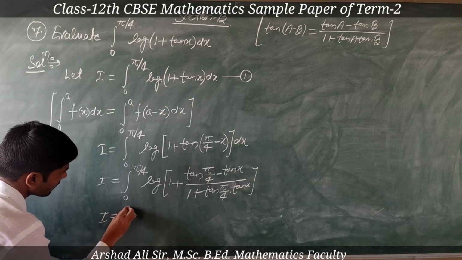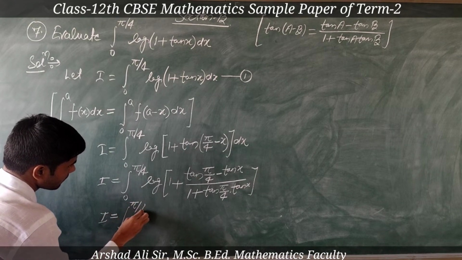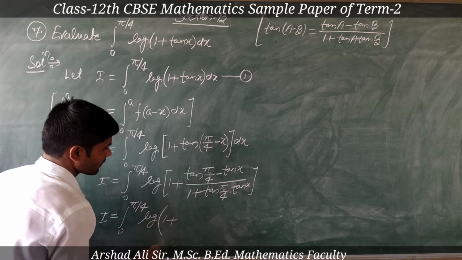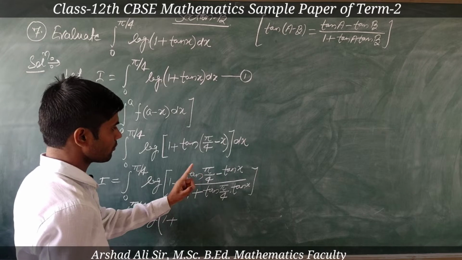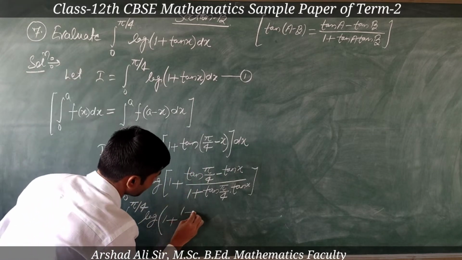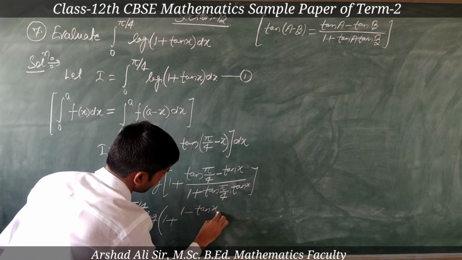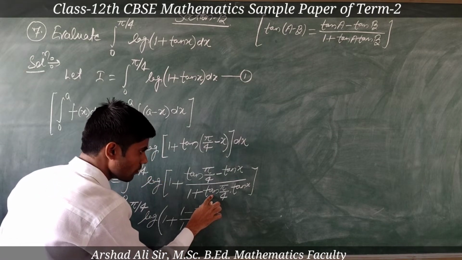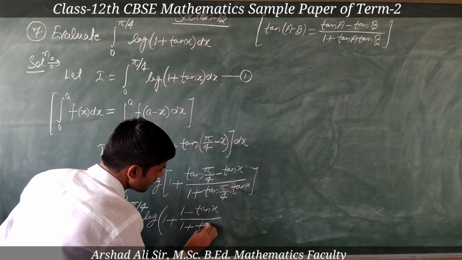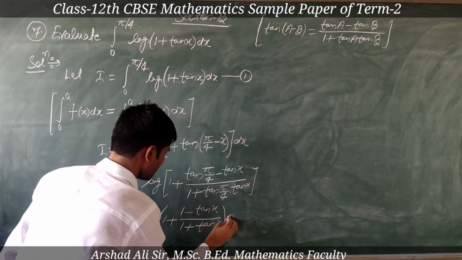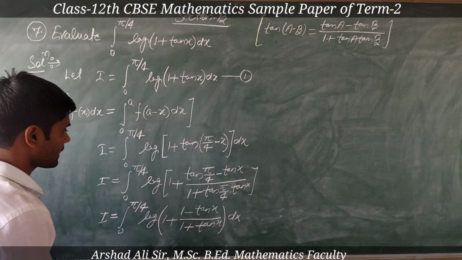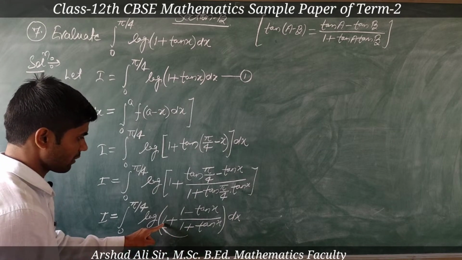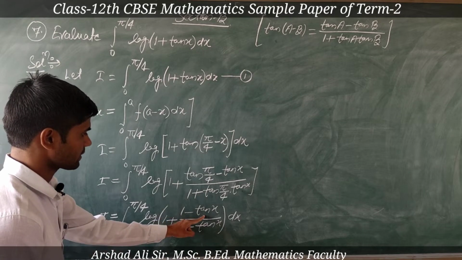I is equal to limit 0 to pi by 4 logarithmic 1 plus, 1 minus tan x upon 1 plus 1 multiply tan x, it will be tan x, dx. So now we can take the LCM. 1 plus tan x multiply 1, it will be 1 plus tan x plus 1 minus tan x.